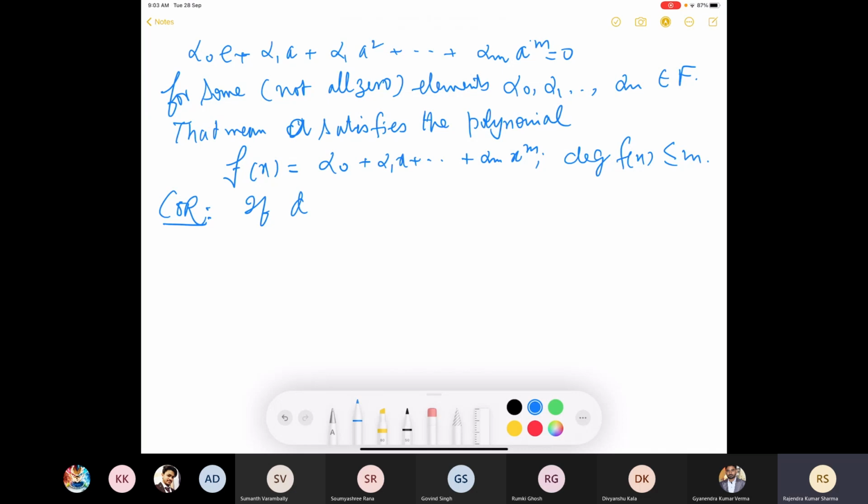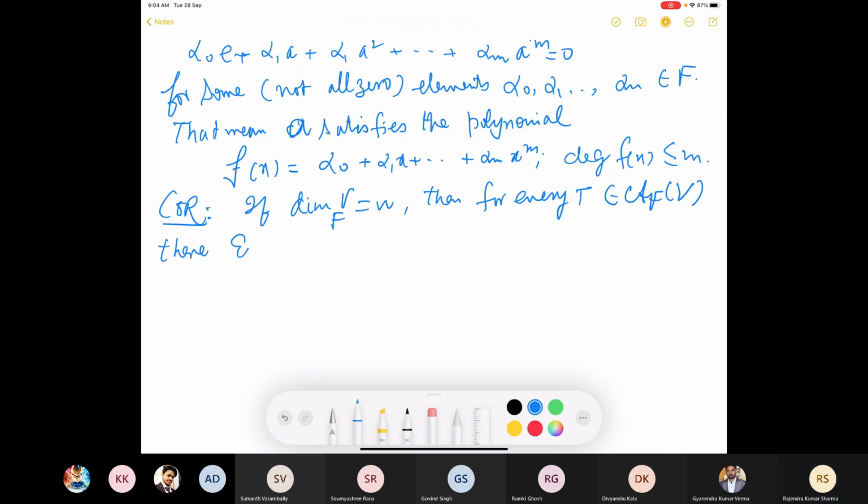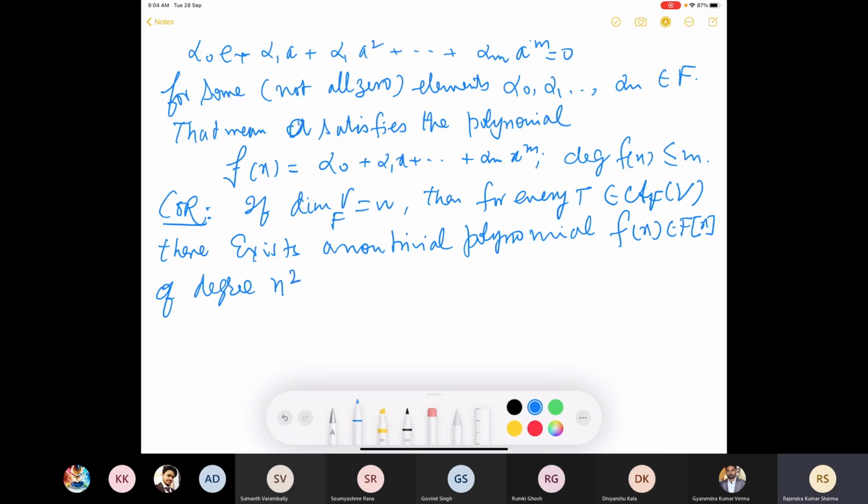If V is a finite dimensional vector space over F of dimension n, then for every T in L(V), there exists a non-trivial polynomial, say f(x), of degree at most n square, satisfied by T. Trivial polynomials are constant polynomials.